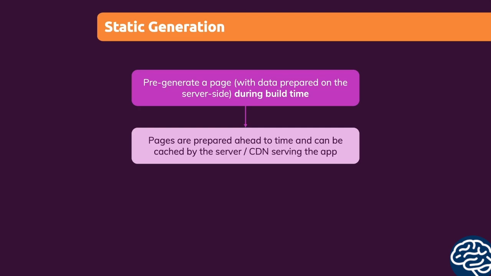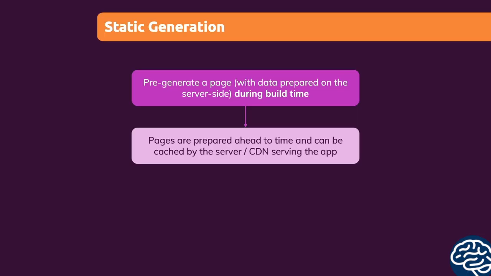Now, as I mentioned before, those pages after they were served are still hydrated with your React app. So you still have a regular React app in the end. The only difference is that the pages which are sent to your clients are not empty initially, but pre-populated with content. Thereafter, you can still do whatever you want to do. It's still a regular React app.